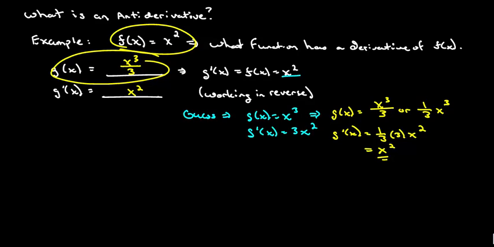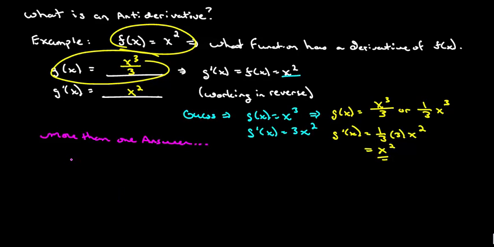Now, you might say, I'm not saying this is the antiderivative, I'm saying it is an antiderivative, meaning that there's probably more than one antiderivative. In fact, there's an infinite amount of antiderivatives. Let me show you. One thing we have to be careful with is that more than one answer is possible.